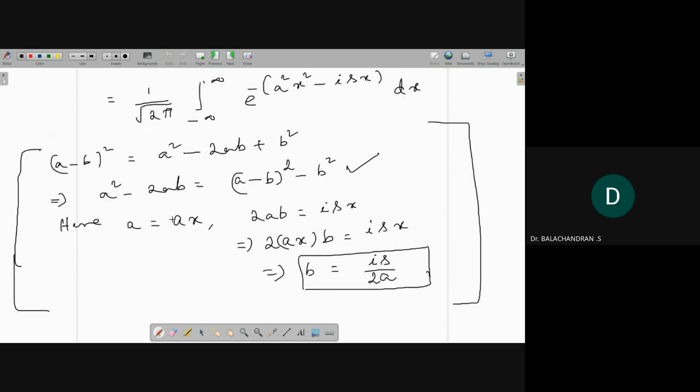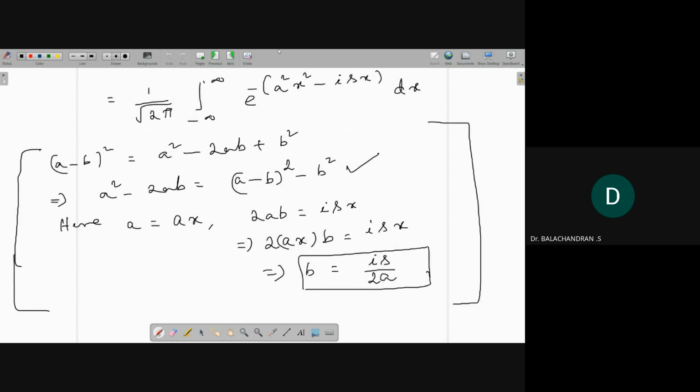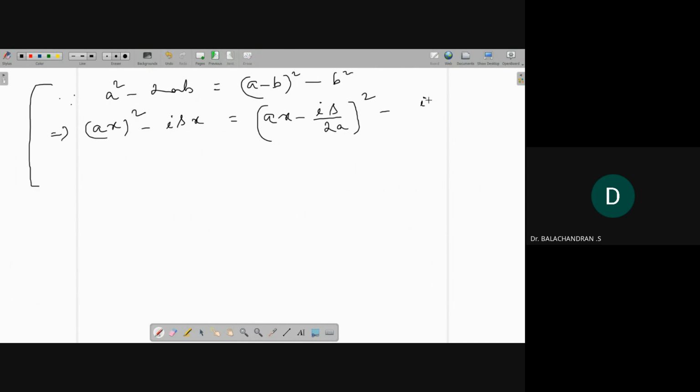What is a? a is ax, b is is by 2a. So (ax minus is by 2a) whole square minus b square, which is (is by 2a) whole square.